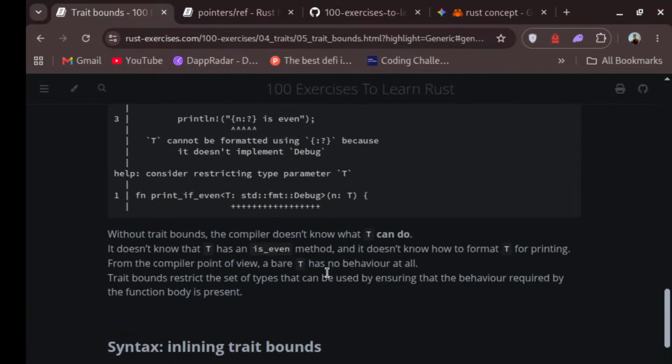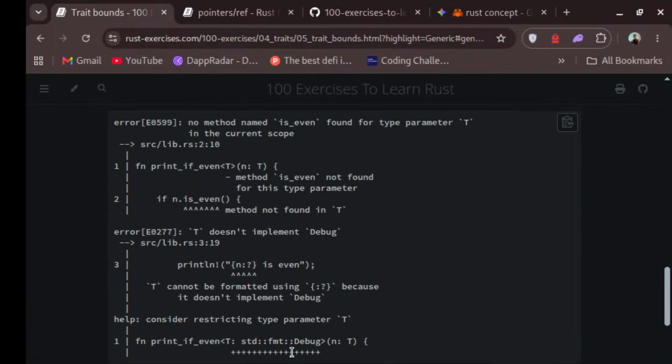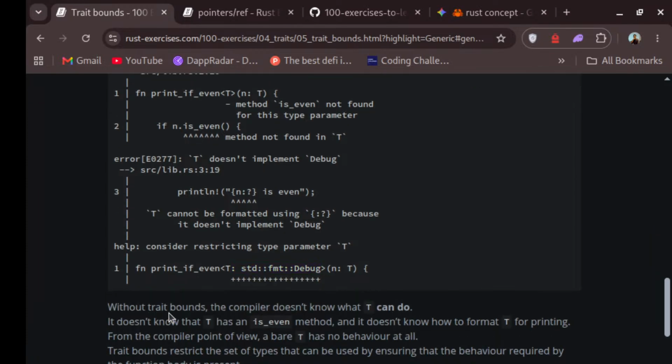So this is what it looks like without trait bounds. We know that trait bounds are only used to ensure the behavior required by the function is present.